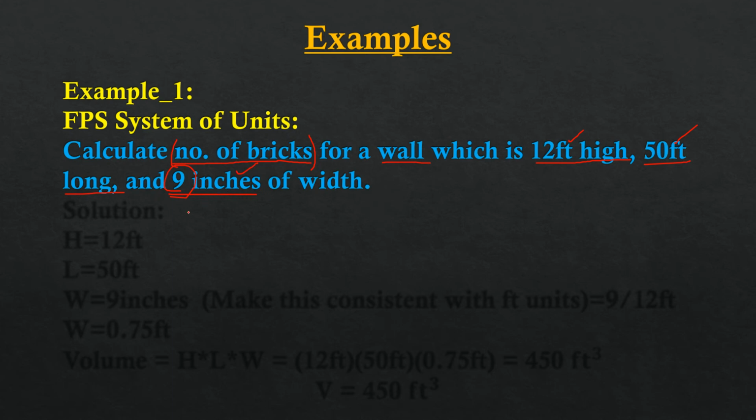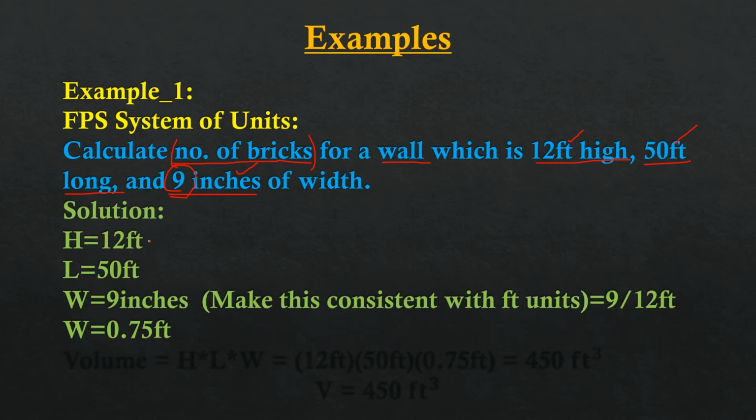So we will follow the solution to make the units consistent. Height is given as 12 feet, length is given as 15 feet, and width is in inches. So we'll convert inches into feet. As we know, 1 foot is equal to 12 inches, so to convert inches into feet, we divide by 12.